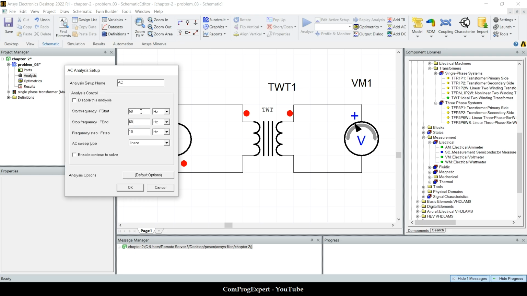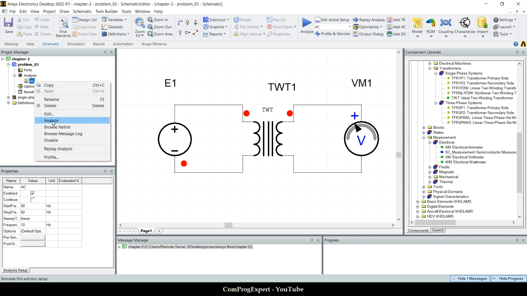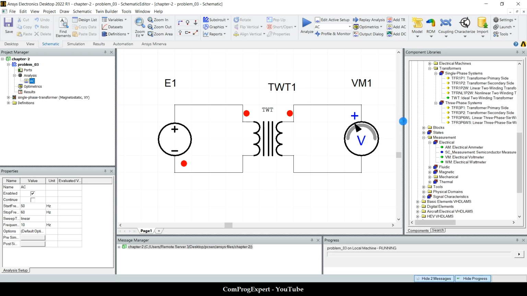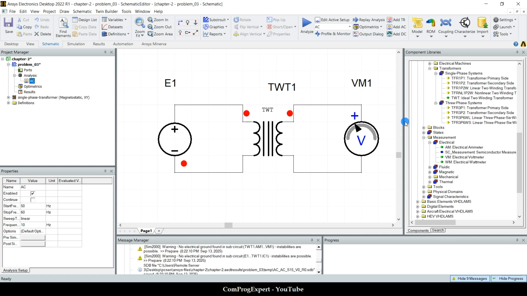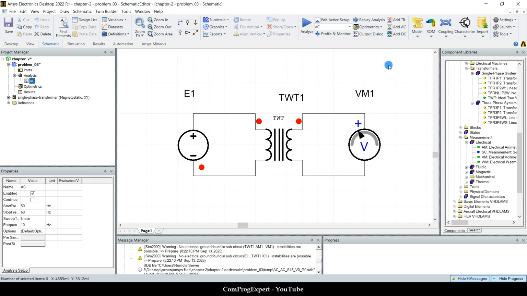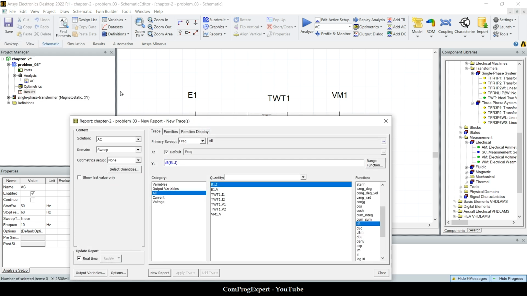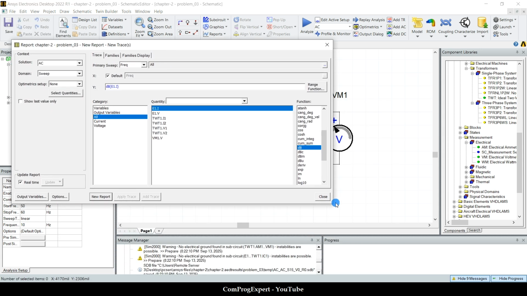Just consider these two frequencies and solve the circuit for them. So if I run this AC solver in this powerful software, Simplorer, we can visualize the value of the quantities that we have here.